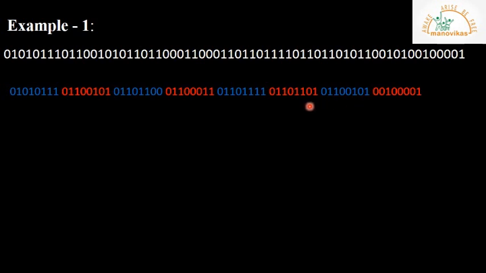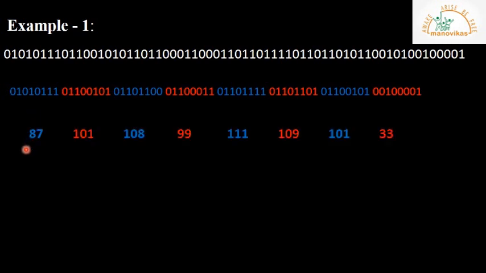I have changed the color so that you will know there are 8 bits in each group. Now, after you group and write, take each group of 8 bits and convert that binary code to its respective decimal code. I'll repeat, convert this binary code to its respective decimal code.